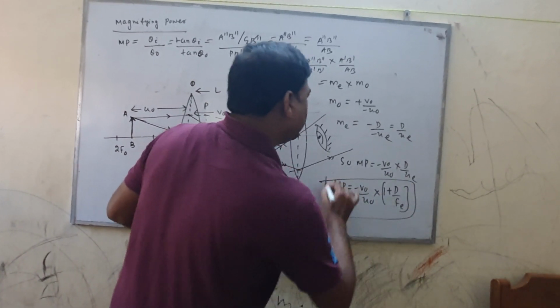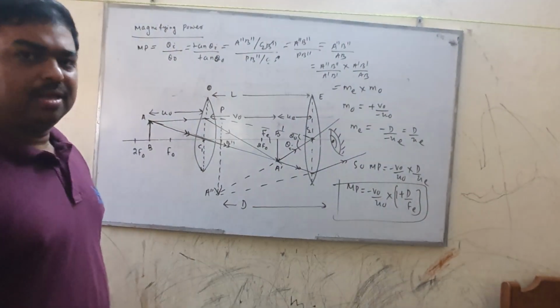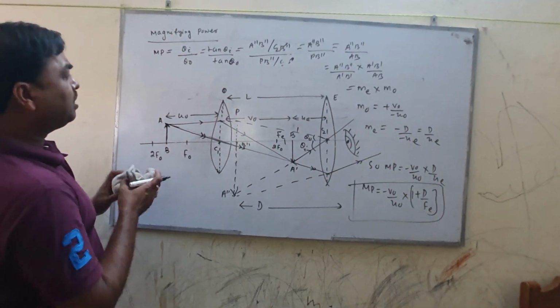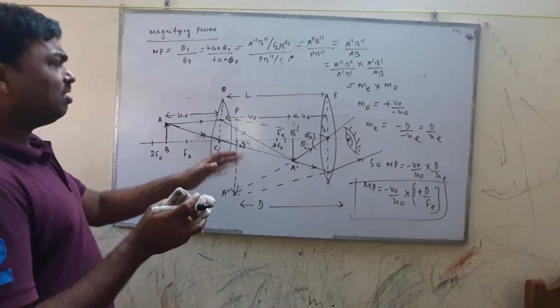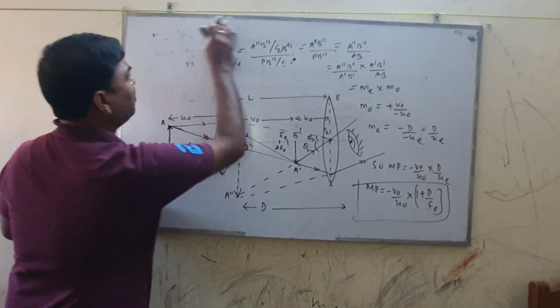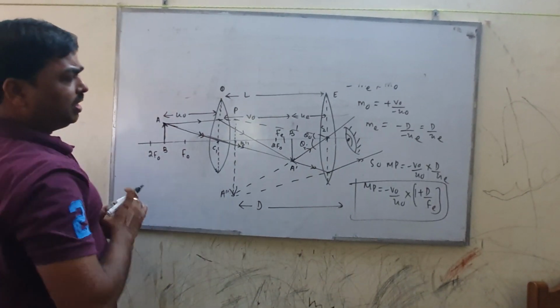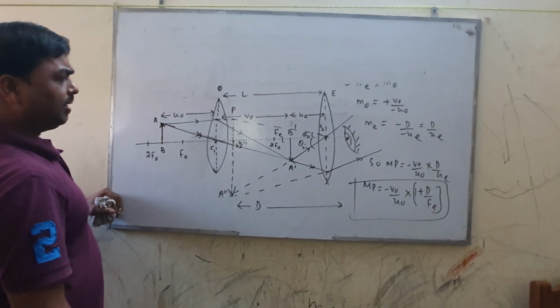Remember, this is the magnifying formula for near point vision. But suppose we want to write it in terms of the length of the tube. How will we write it?